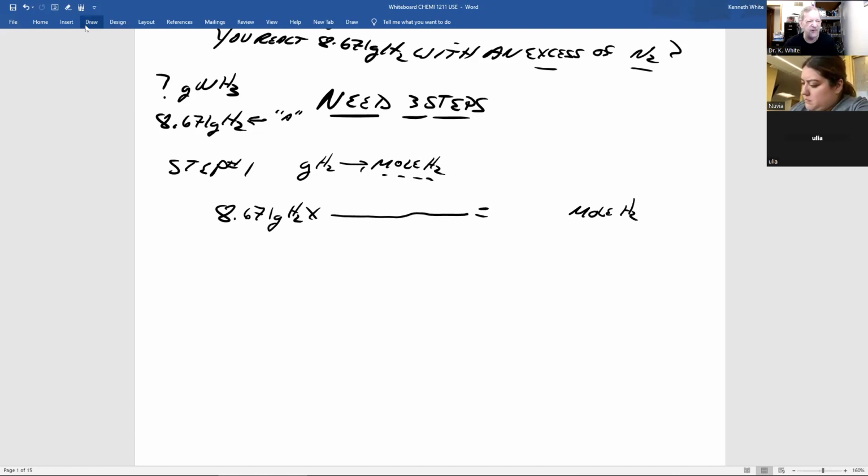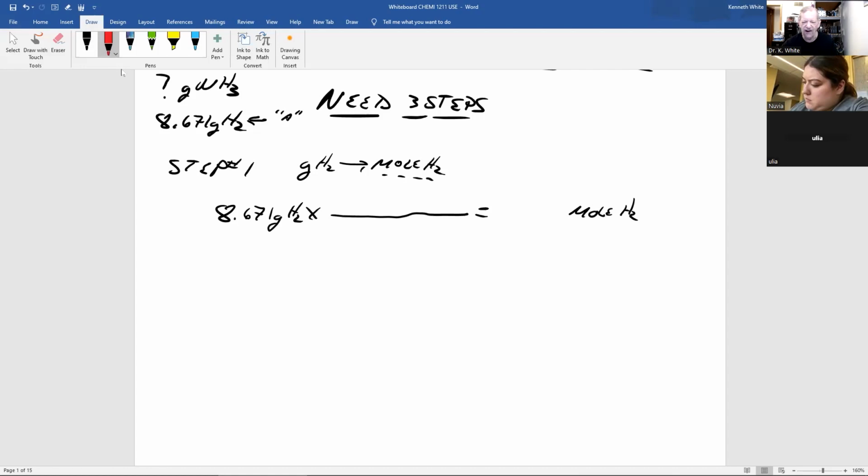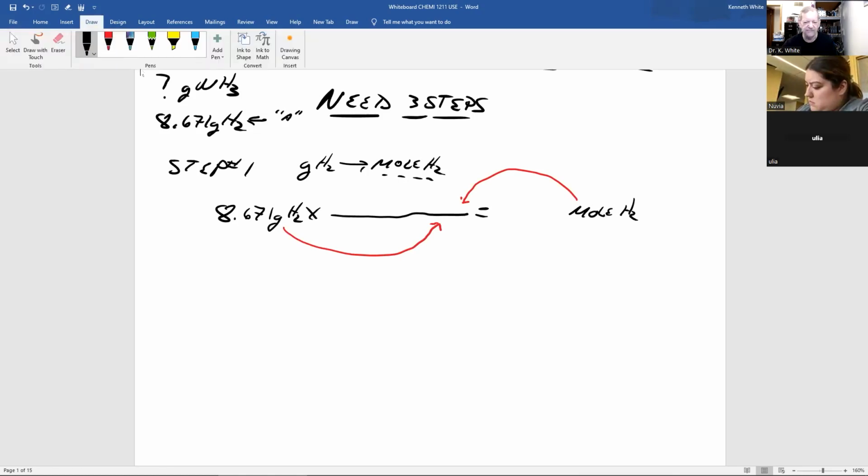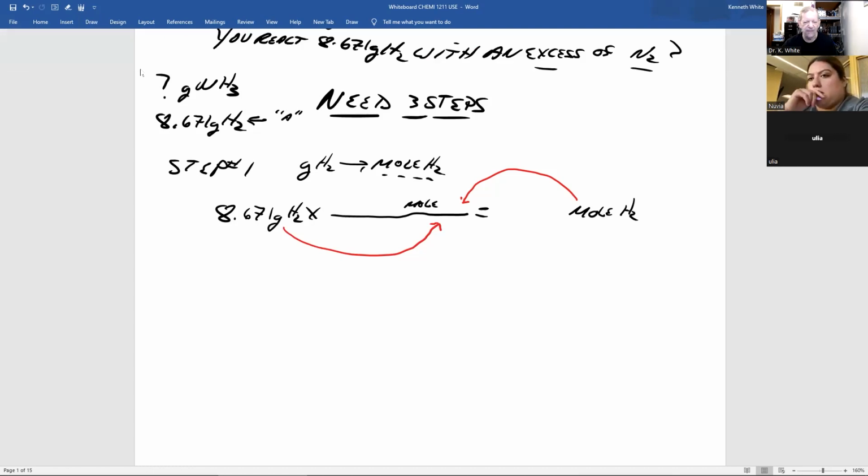Now it's time to use your good friend, unit analysis. Whatever you're trying to get to goes on top of this conversion ratio. Whatever you're trying to get rid of goes underneath. Now, where do we find a relationship between moles of a compound and grams of a compound?